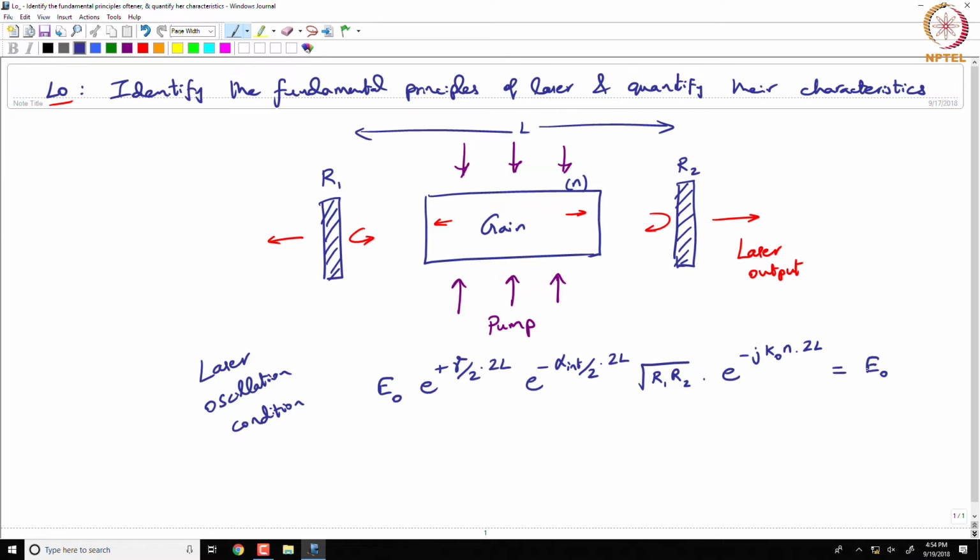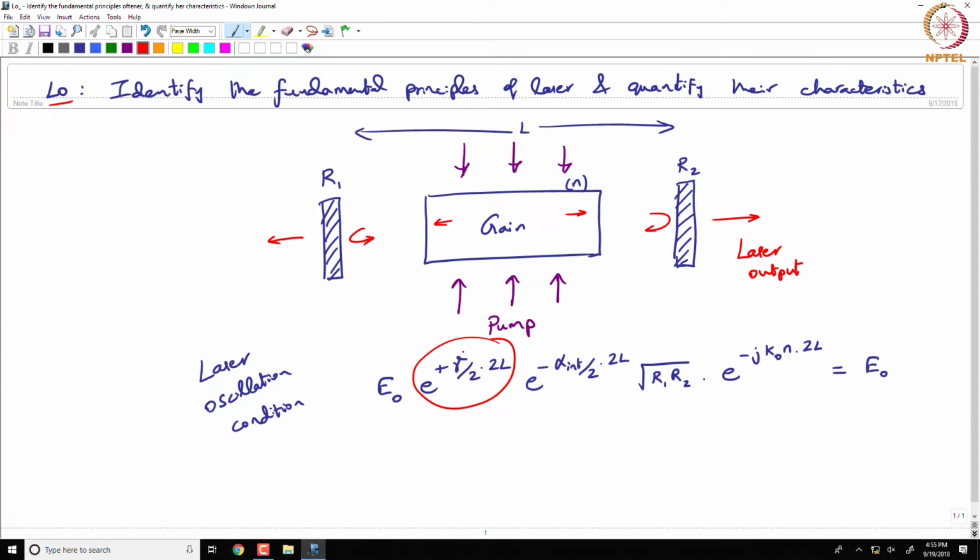We want to say that it's actually sustaining the fields. Okay. So that is you can call that as the threshold condition, where the loss is met by the gain. So the question is, why should it be E naught? Well, E naught is the original field without amplification, but after amplification, where the amplification is denoted by what's happening over here, right, that is the amplification term.